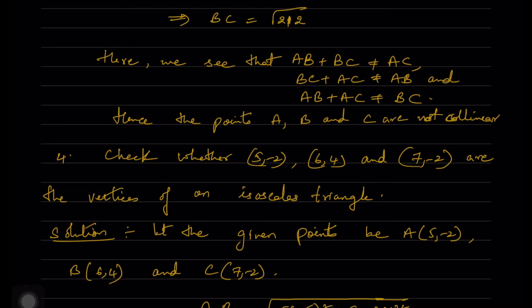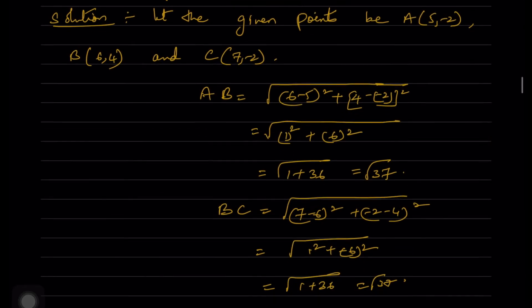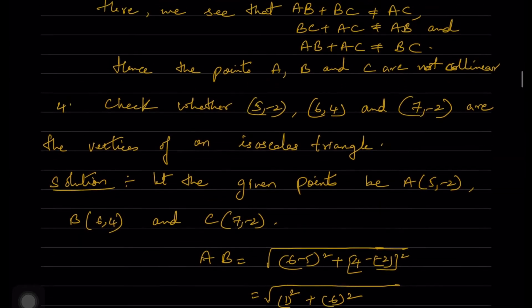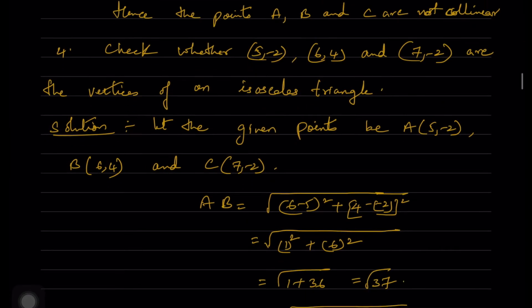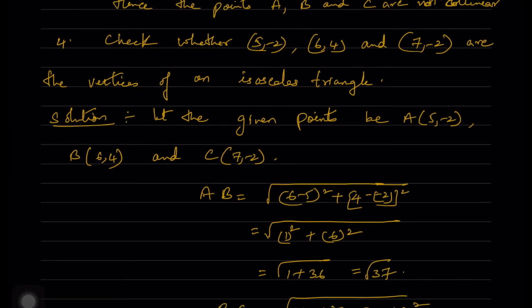Now fourth one, check whether 5 comma minus 2, 6 comma 4 and 7 comma minus 2 are the vertices of an isosceles triangle. So let the given points be A 5 minus 2, B 6 comma 4 and C 7 comma minus 2. In order to find whether it's an isosceles triangle, we'll find out all the three sides of this triangle.